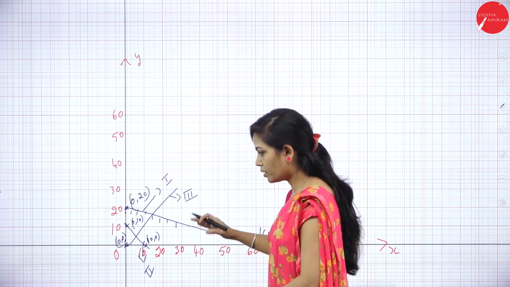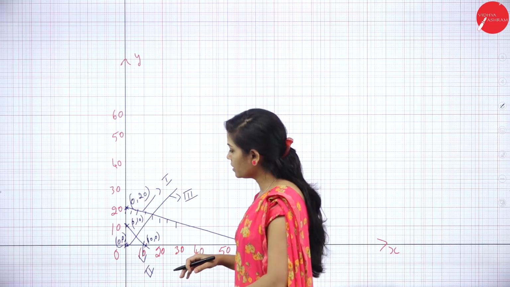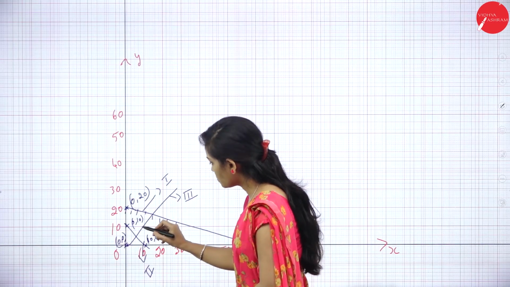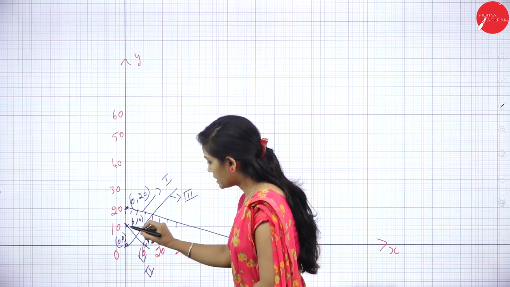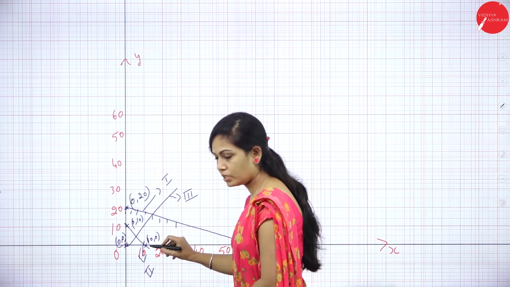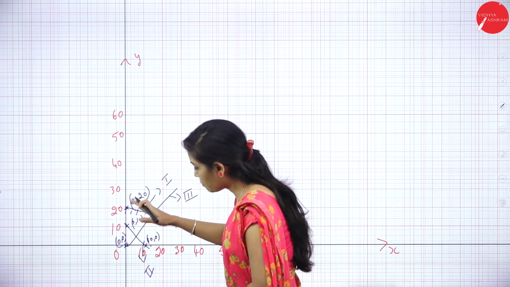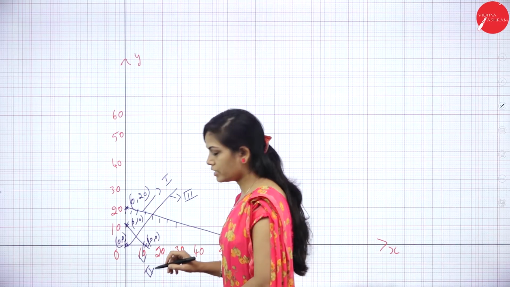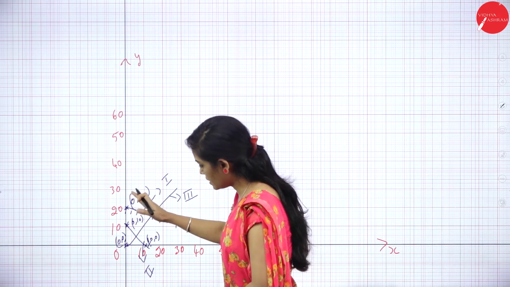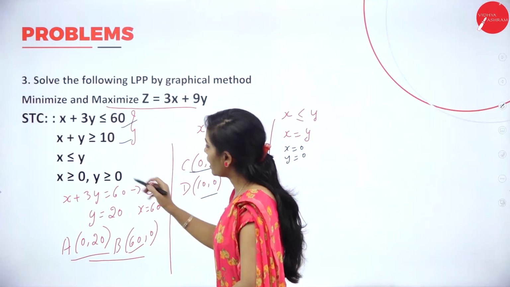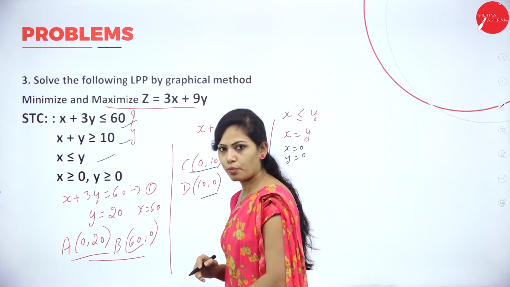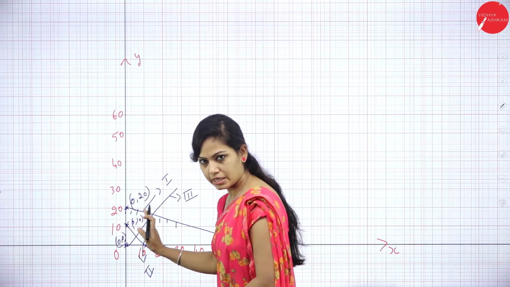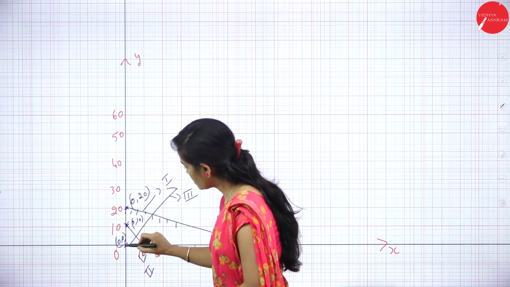And the second constraint is greater than or equal to 10. Greater than means it is opposite to the region, above the line. And again I have x less than or equal to y, which means it is towards the region.